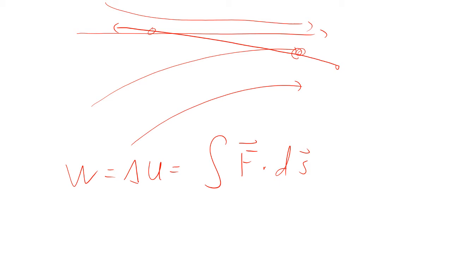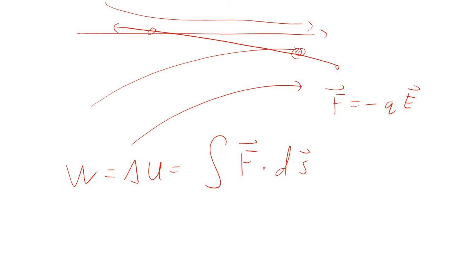Now, in this case, the F that I apply as a vector is going to be minus QE, because I'm going opposite the direction of E.